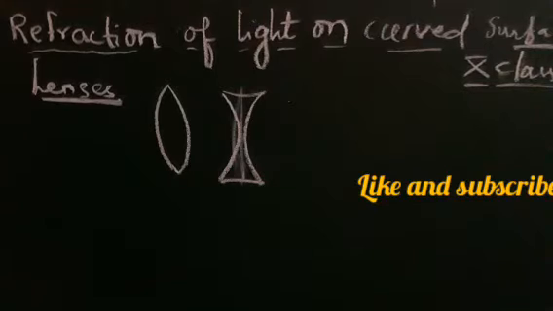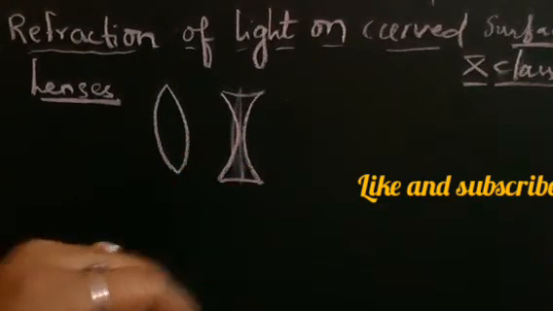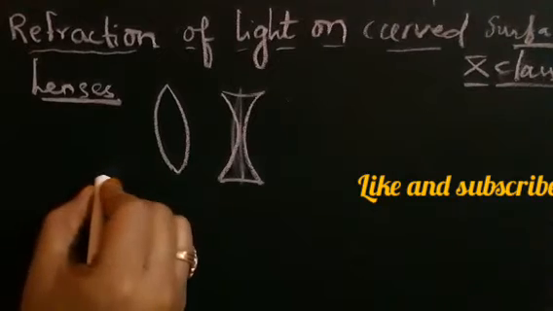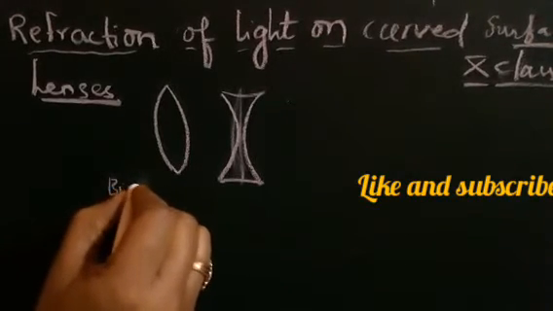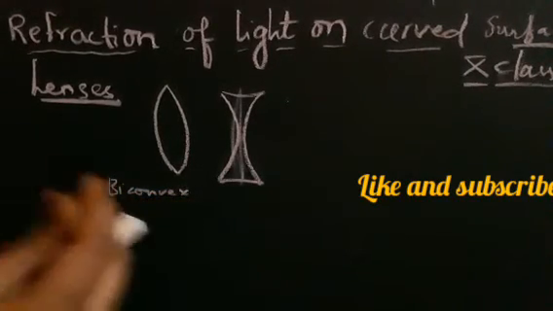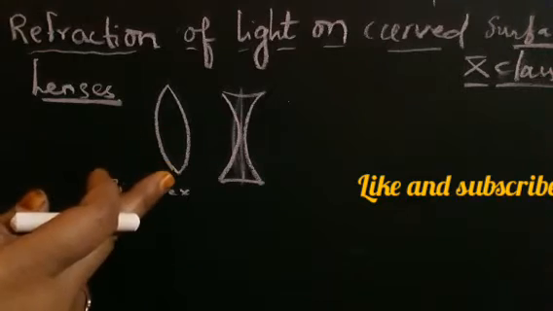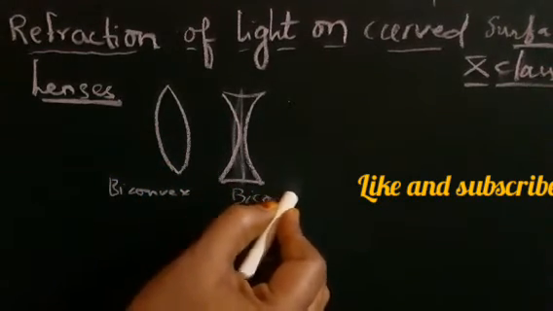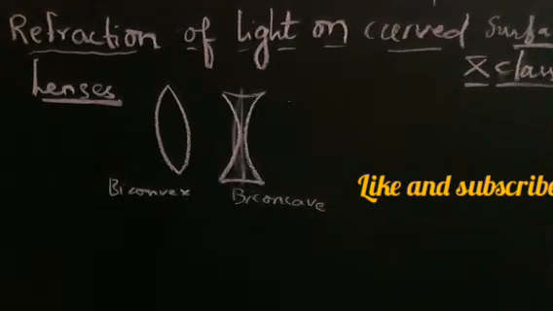Biconvex means it has double-sided convex surfaces, and biconcave means it has double-sided concave surfaces.